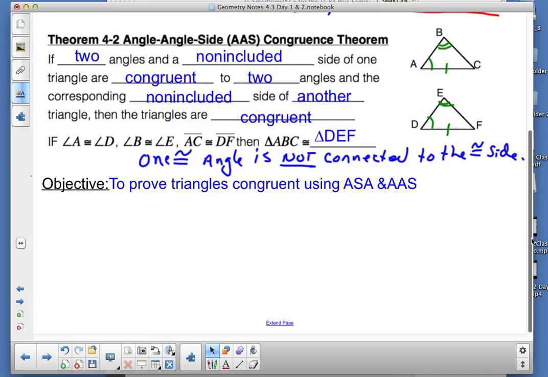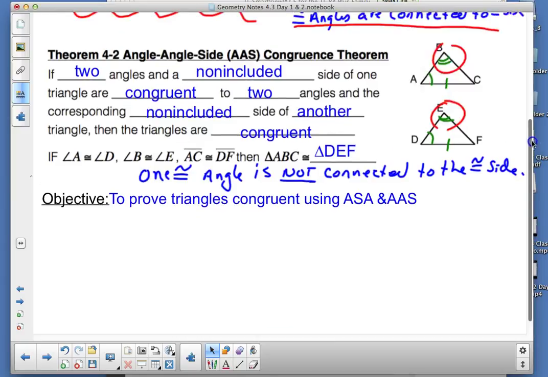Angle, angle, side. One congruent angle is not connected to the congruent side. Check it out. This congruent angle is not connected to that side. The other one is. When I use angle, angle, side, this is the only way I can use it. The other angle is just off by itself. It's not included.